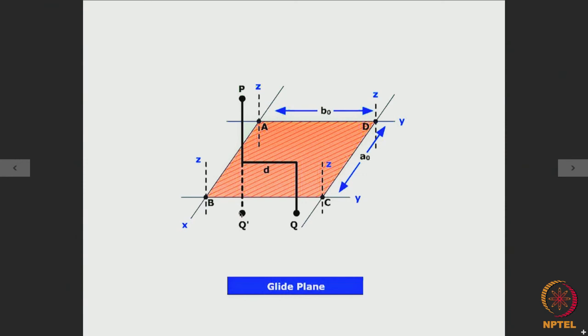But if it is not a simple mirror, but a glide plane, what happens? Then the point P translates along this line on the plane and then gets reflected over here. So, there are two functions, a translation as well as a reflection. So, this is the function of a glide plane.